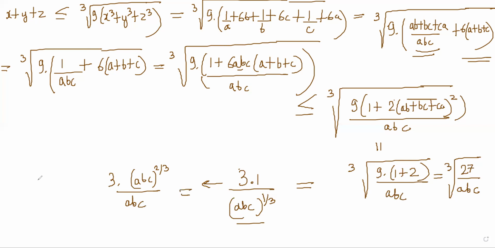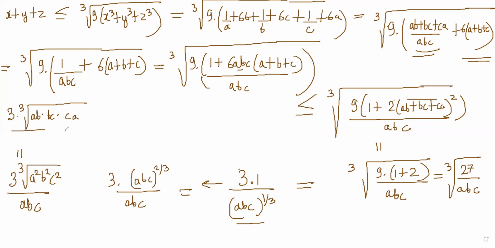So ABC to the power 2 by 3, we can write as cube root of A square B square C square, by ABC, right? Which is again equal to 3 times cube root of AB into BC into CA, by ABC, correct? And now 3 times cube root of AB into BC into CA, this is just the GM of AB and BC and CA, right?